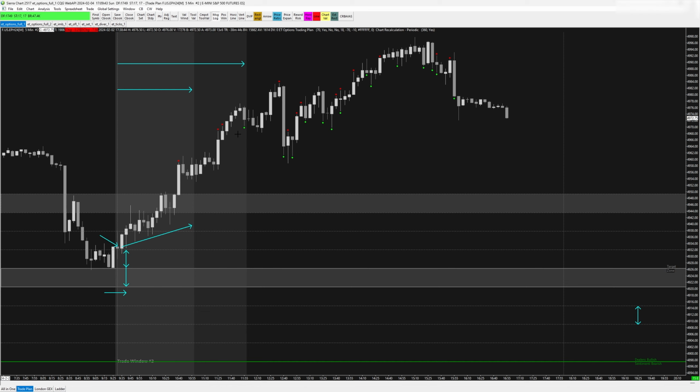In most cases, this is what I'm going to do. But this is the part which is kind of discretionary for me, and it really depends on how you feel at the moment about the market.